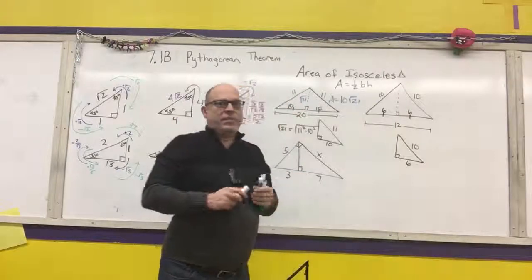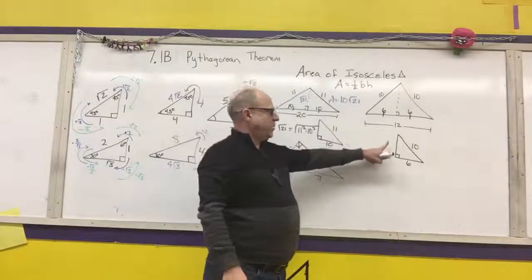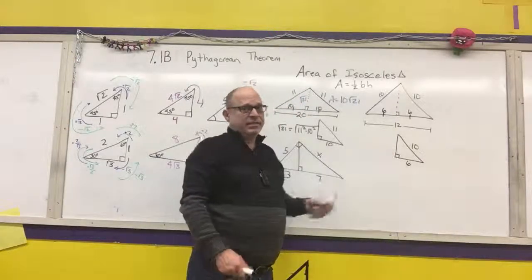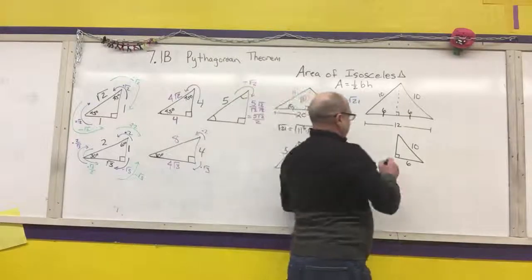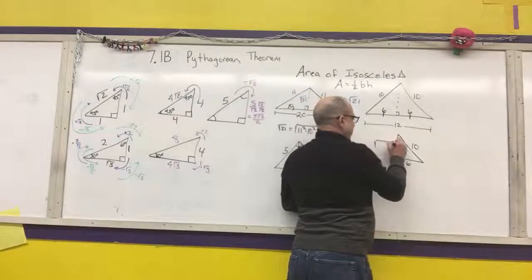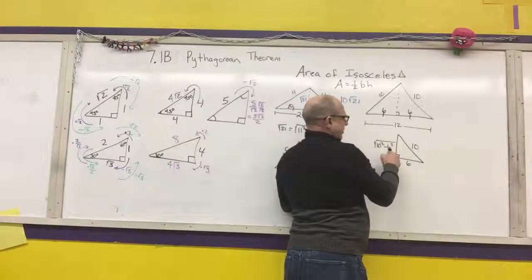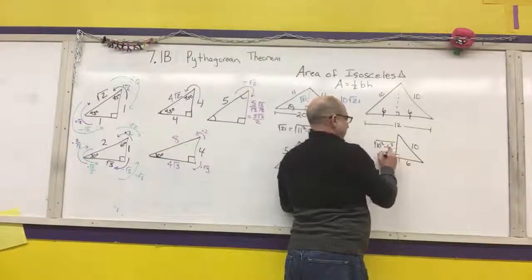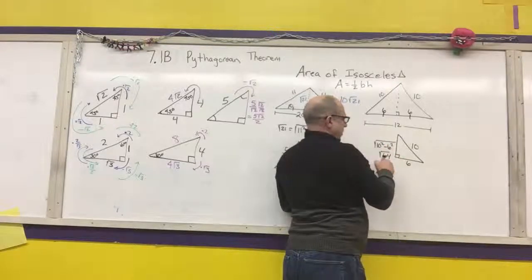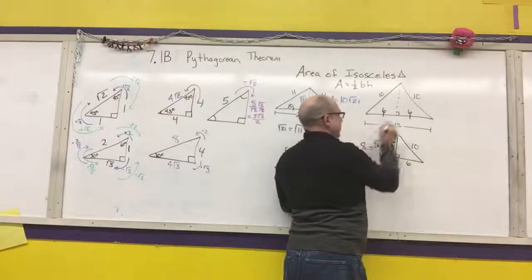And if you have your Pythagorean triples memorized, you automatically know that that side length is 8. But if you do not have them memorized, it's the square root of the hypotenuse squared minus the other leg squared. 100 minus 36 is 64. The square root of 64 is 8.